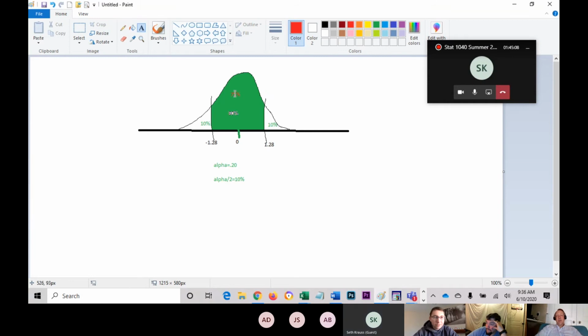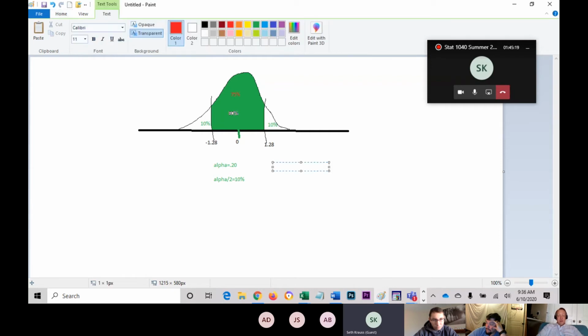Instead of 80, we're going to use 75%. So how much do I want in my tails if I've got 75% in the green? It'd be 25%, but it'd be split into both tails. So your alpha is going to be 0.25, and you're going to split it into both tails. So your alpha over 2 is 12.5%, right? 0.125?